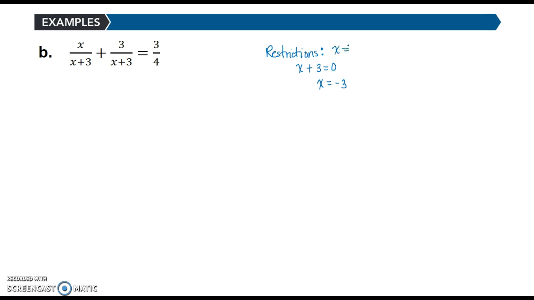So we cannot have a negative 3 as a solution. Our least common denominator includes factors that each denominator will divide into, so we need an x plus 3 in our LCD. We already have the x plus 3, so then we need a 4. So 4 times x plus 3. Now we multiply each side, or again each term, by that LCD.